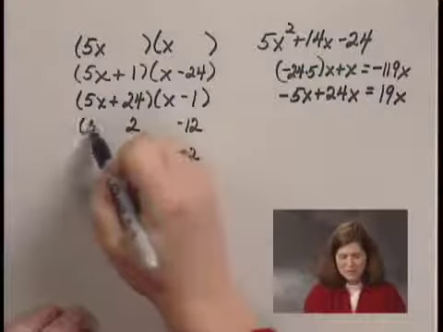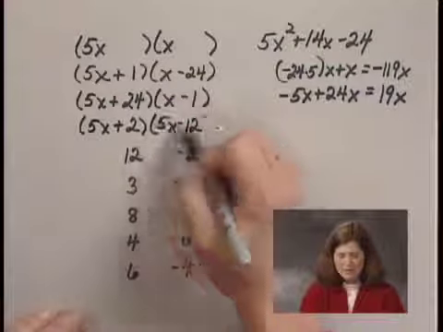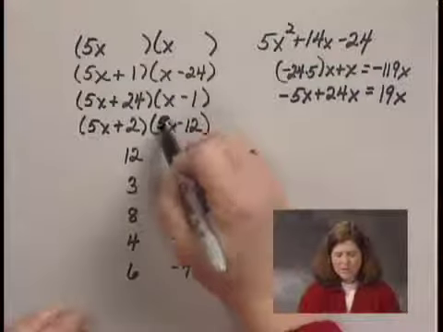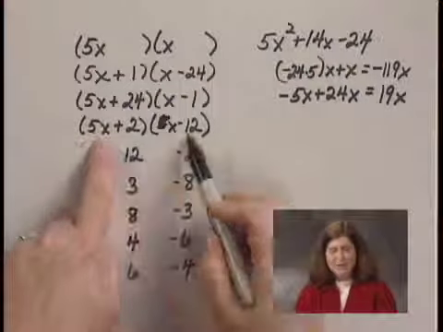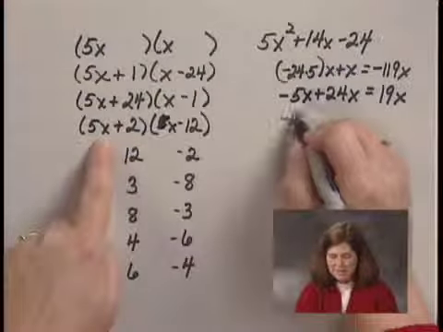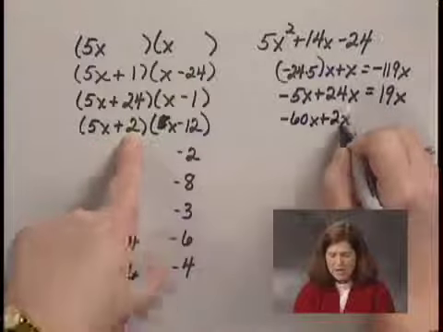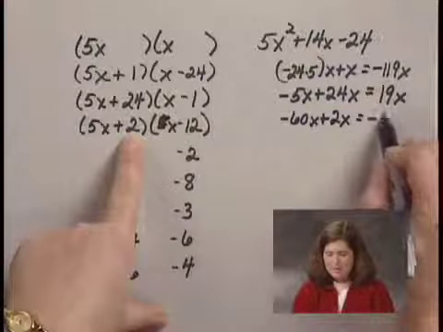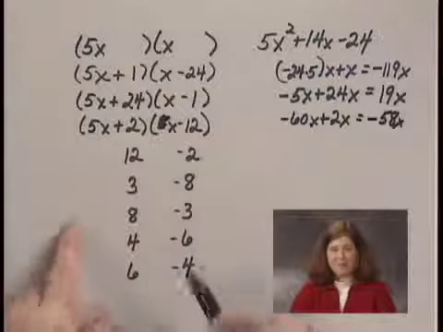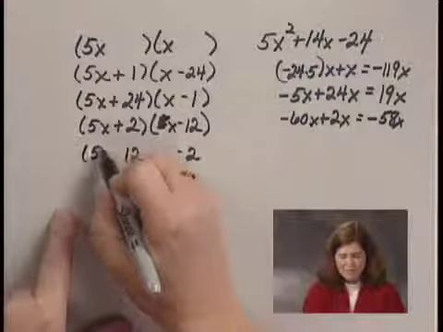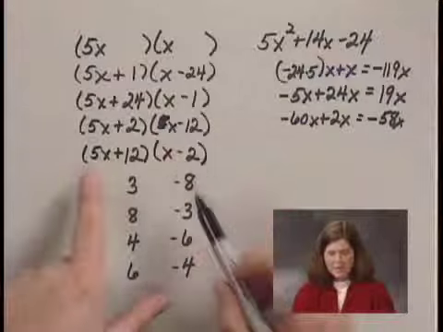So I'll try 5x plus 2, x minus 12. My middle term will be 5x times negative 12, that's negative 60x plus 2x, which gives me negative 58x. That's not right. So now I try 5x plus 12, x minus 2.